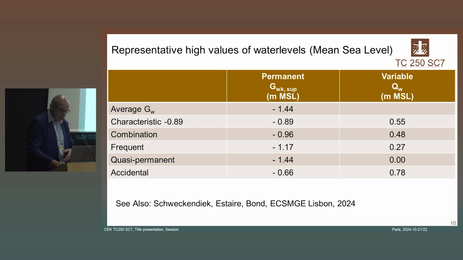Now these are the numbers, but I think it's not so important. I must say, recently there was a paper at the EC7 conference in Lisbon, from Timo Schweckendiek, José Estaire and Andrew Bond on this procedure.